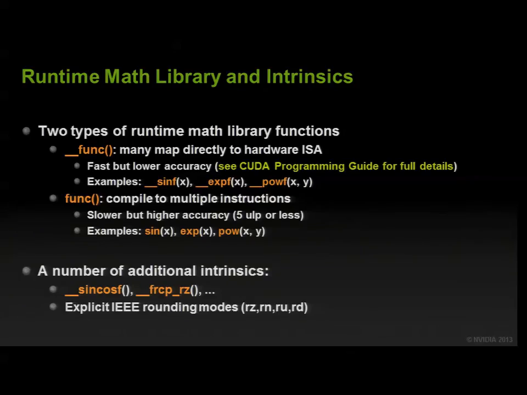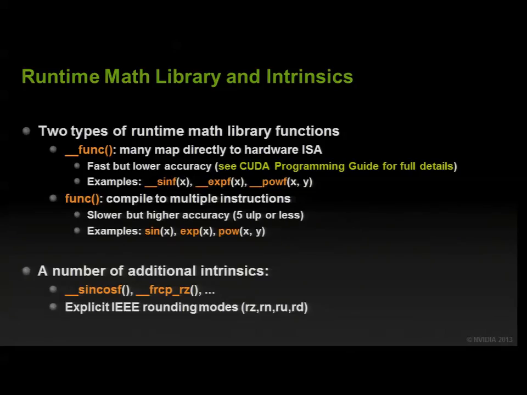But we also have hardware support for some of the commonly used operations, which operate at a lower accuracy. So we have an intrinsic for the sine, for instance, that runs at lower accuracy, but is hardware supported.